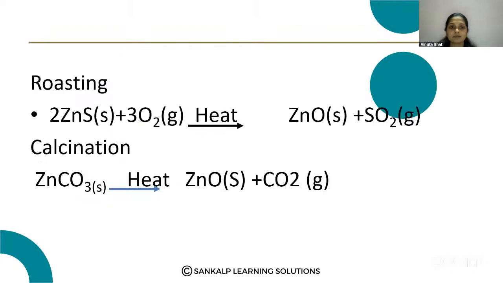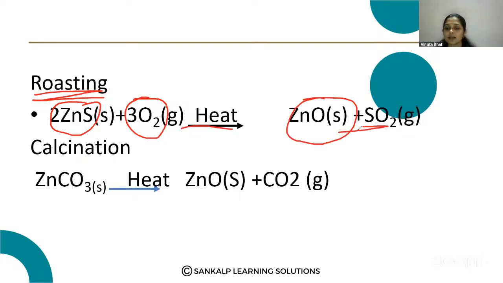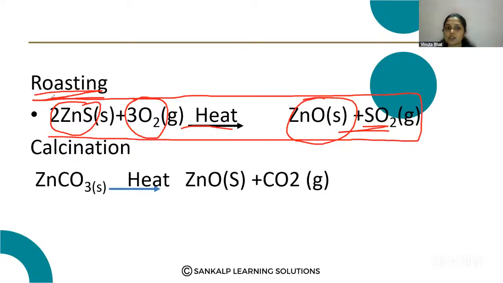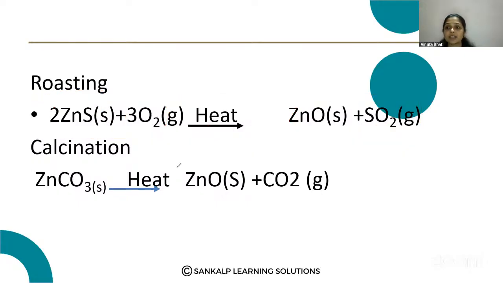Next, here you can see the roasting reaction. Zinc sulfide is heated with oxygen in excess air, and zinc oxide and sulfur dioxide are formed. This is an example of roasting for the sulfide ores. So this applies to any metal in the middle of the reactivity series.